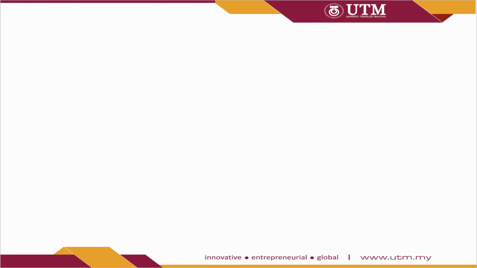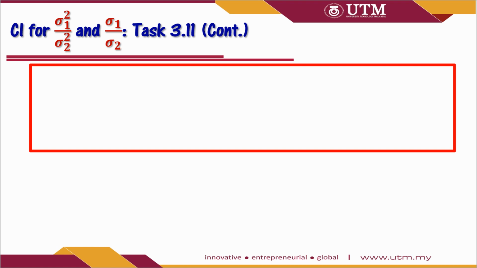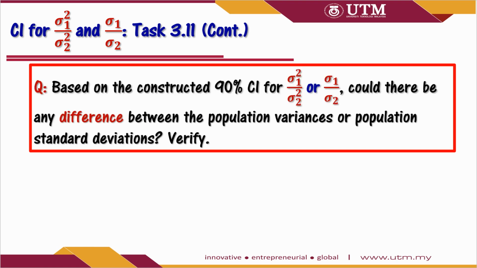We still continue with task 3.11 in this slide. Suppose we have this extra question. Based on the constructed 90% confidence interval for the ratio of population variances or the population standard deviations, could there be any difference between the population variances or between the population standard deviations of the cans axial loads?